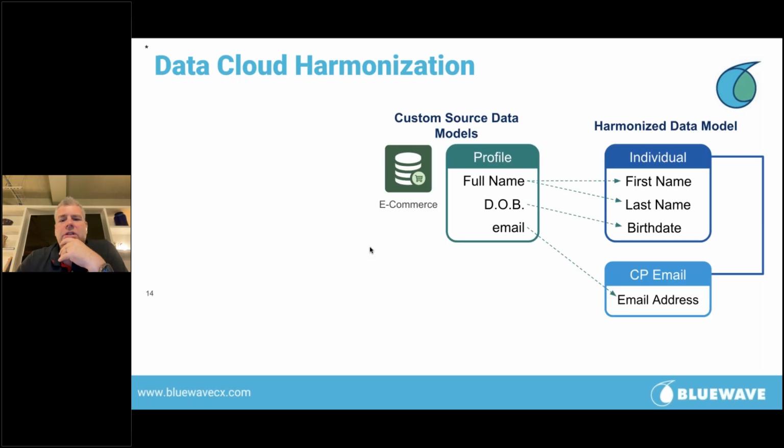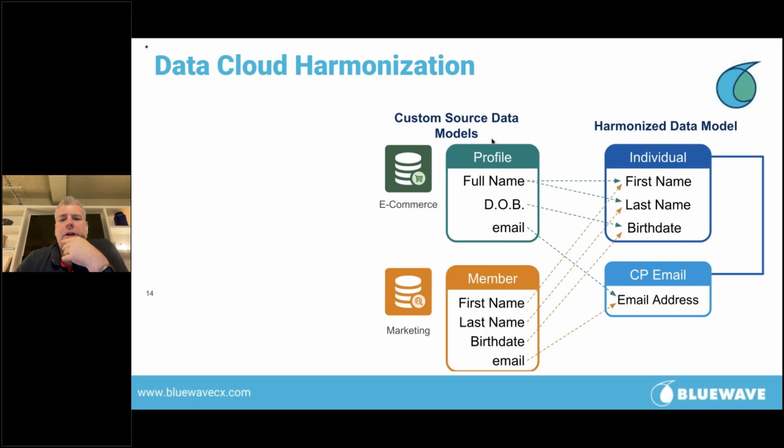In terms of harmonization of that data, when we pull in that data, we can then look to map the data as it comes in. So we've got our data source models here. We can see if we take, for example, e-commerce and marketing, we may have an individual in both. But what we're doing is, as we pull that data in, we're going to map it to our data model in Data Cloud.